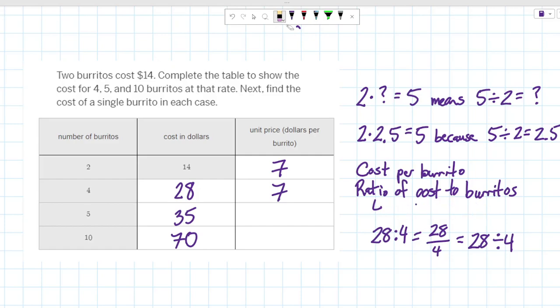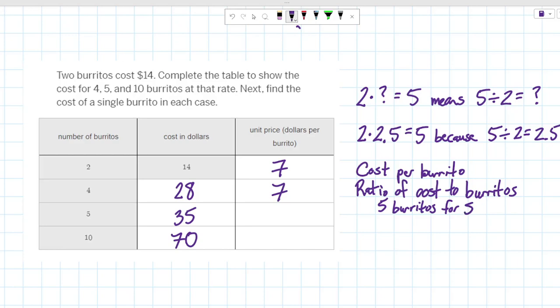Let's look at the next one. So in the next row, we get 5 burritos for $35. So what's the ratio of the cost to burritos? That would be 35 to 5, which is like 35 over 5.